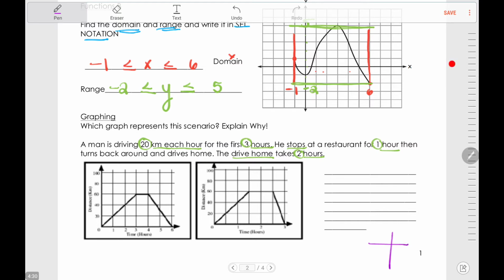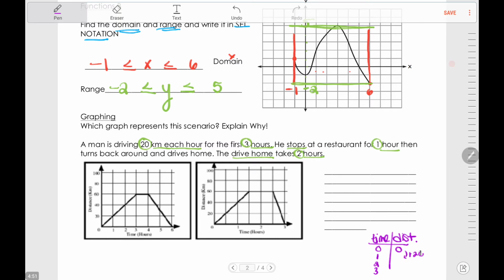Alright. So if this is our time, and this is our distance, okay, it says he's driving 20 kilometers each hour for the first 3 hours. So for 0 hours, he's at 0. 1 hour, 2 hours, 3 hours. So it says he's going 20 each hour.